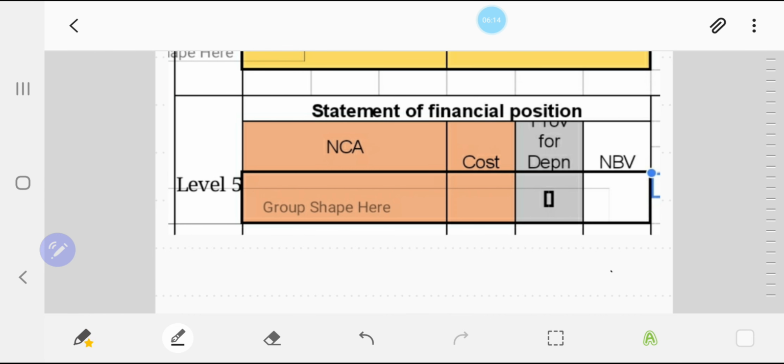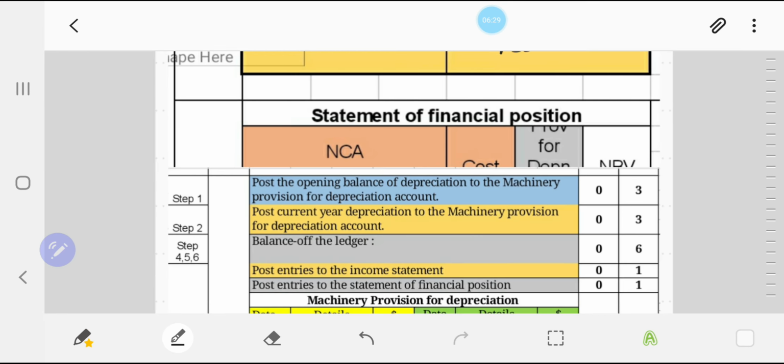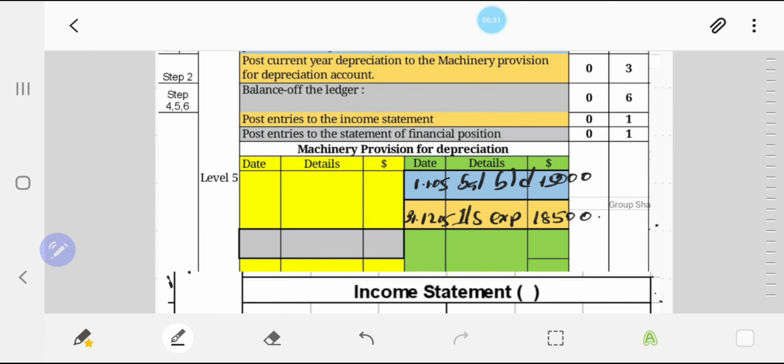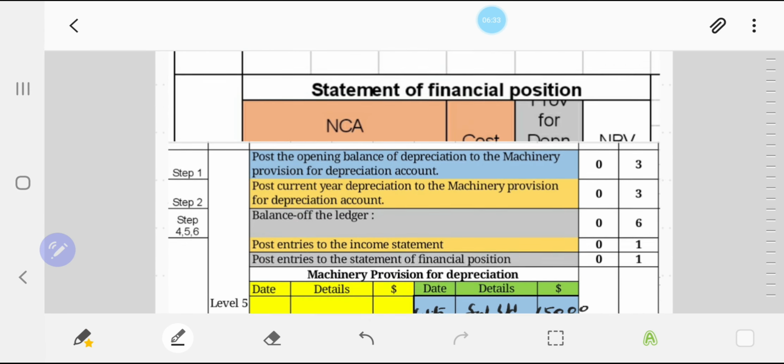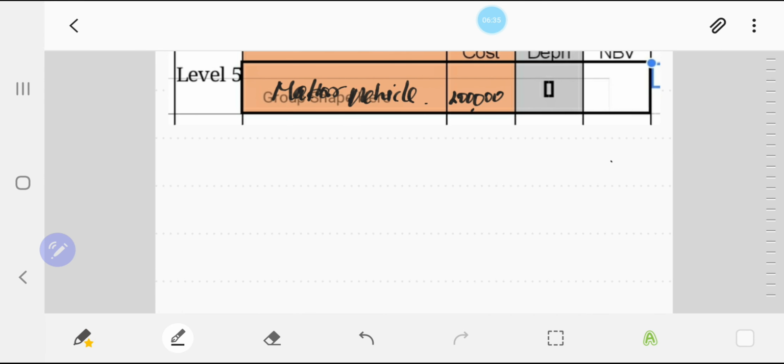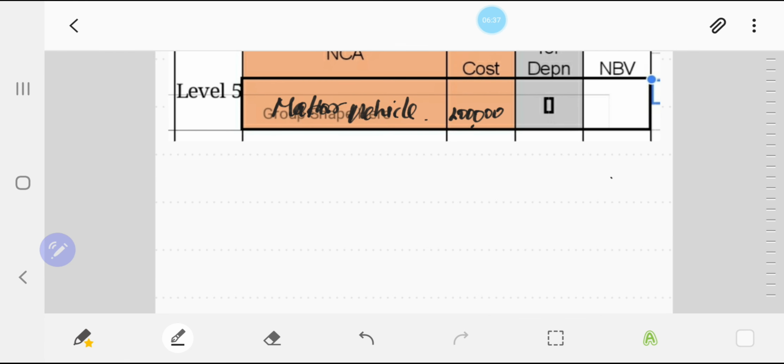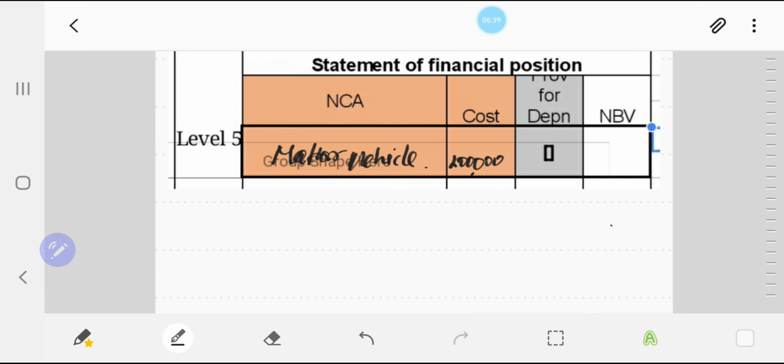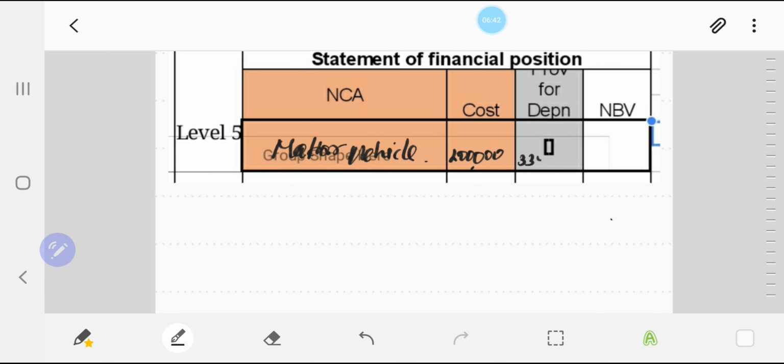Now let's show the impact in the statement of financial position. The type of NCA is machinery, and the cost of machinery is 200,000, and the total depreciation that we had calculated is, therefore you're going to enter 33,500 here.